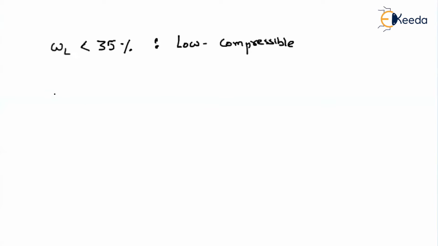Similarly, if your liquid limit is between 35% and 50%, then we classify it as intermediate compressible.